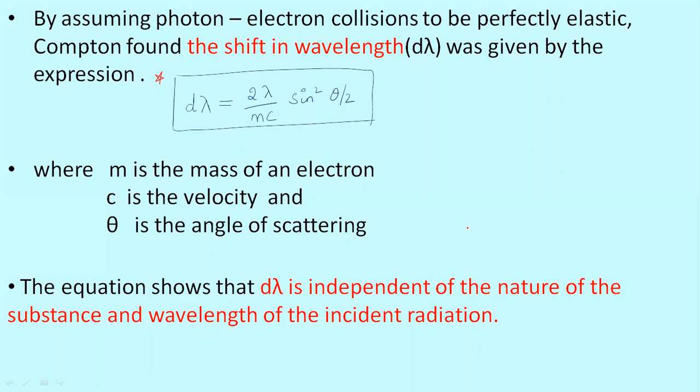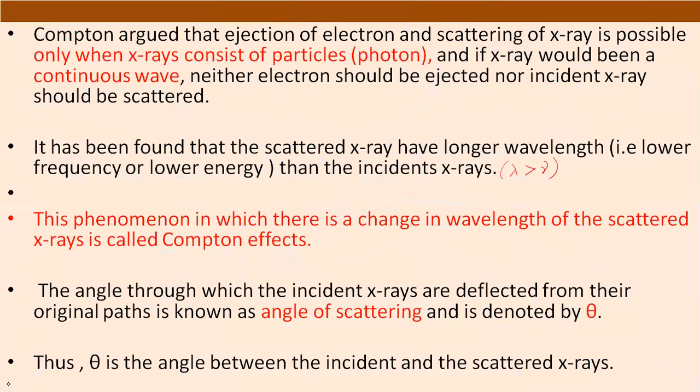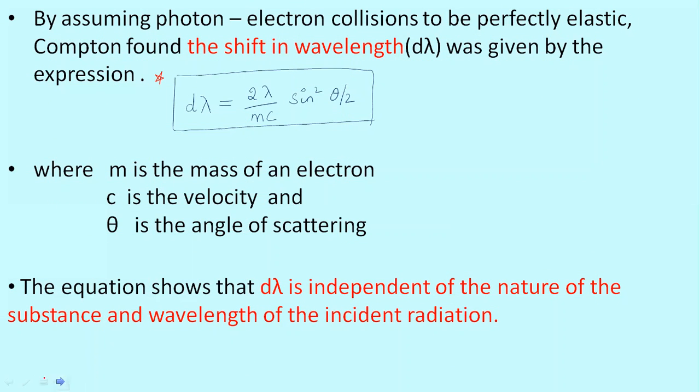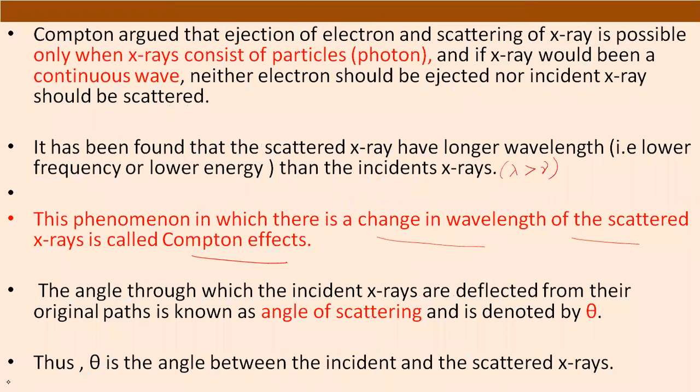In the exam, if they ask you to describe the Compton effect, then the first point you have to say is that it is based on the quantum theory. Then you give the statement. After that, you describe the diagram, how the ejection of electron takes place. Next, you say this effect is possible only when the light consists of particles.